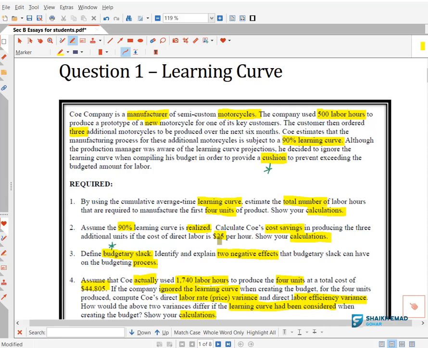Okay, now tell me, if we consider learning curve, how many hours were needed? Remember, we just calculated. I think it was 1620, right? Multiply 1620 with 25. How much is coming? 1620 into 25.